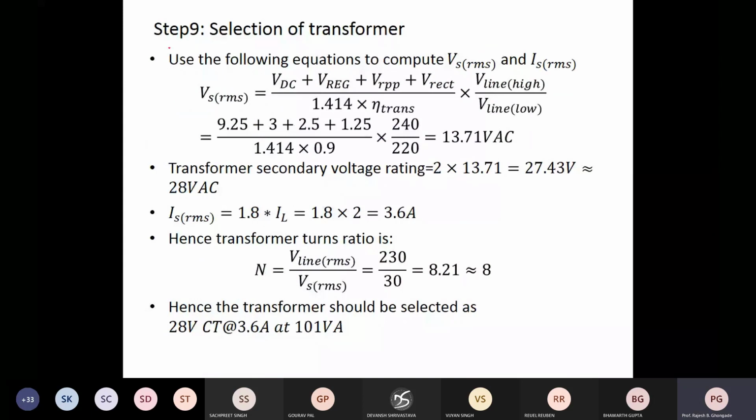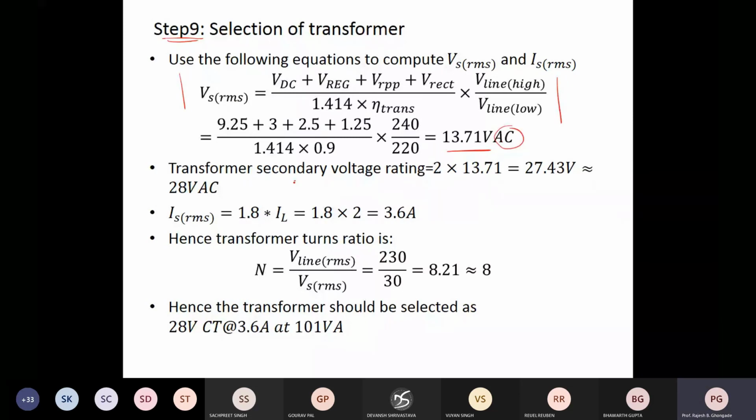Next is the selection of the transformer. You can use this equation directly to get the value of Vs RMS. That turns out to be 13.71 volts. Of course, this is the AC component.